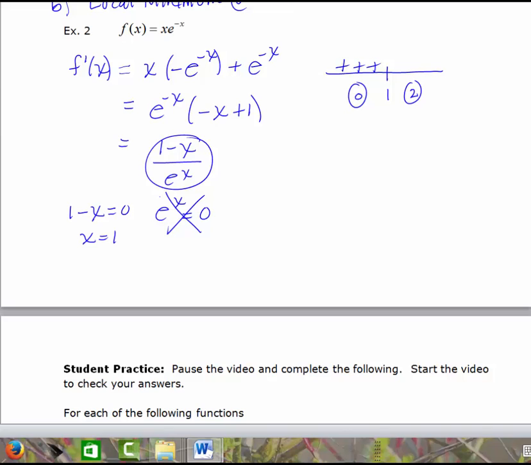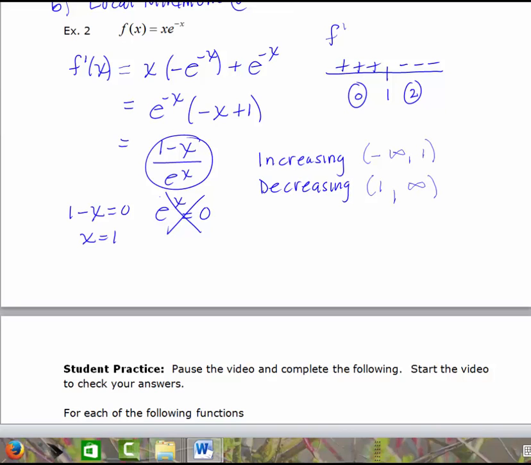When I plug in 2, I'm going to get negative 1 in the numerator and e squared in the denominator, so this will be negative. So using the sign chart for f prime, the function is increasing from negative infinity to 1, and it's decreasing from 1 to infinity.